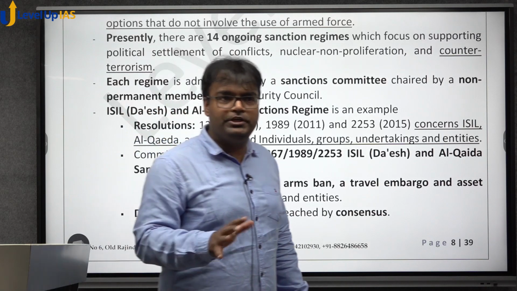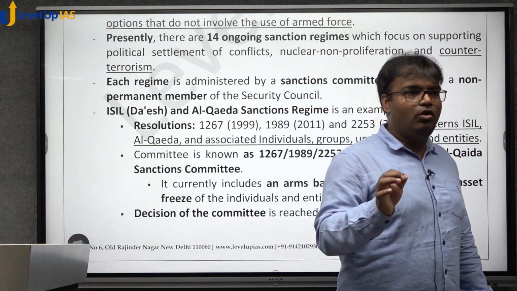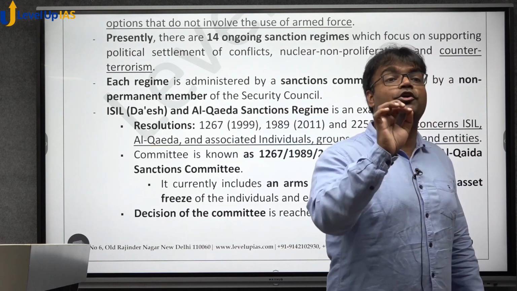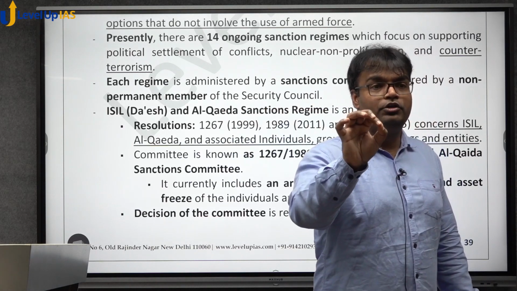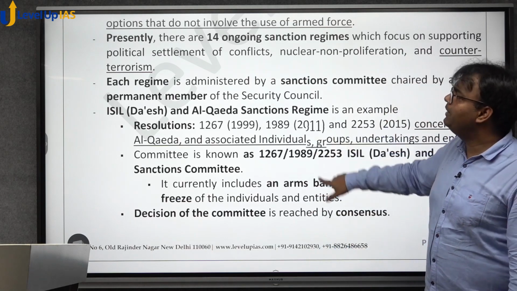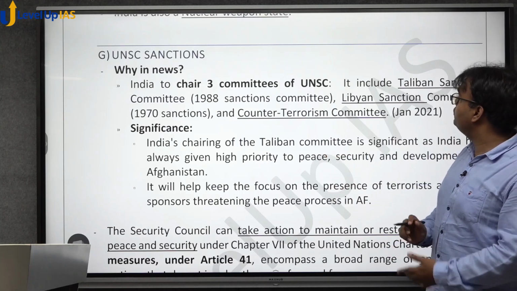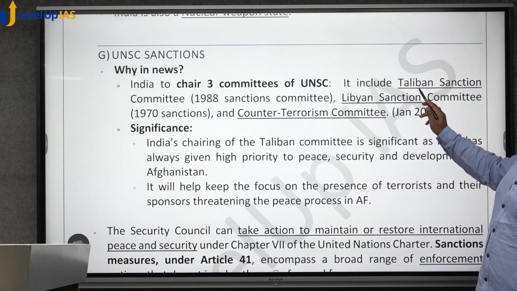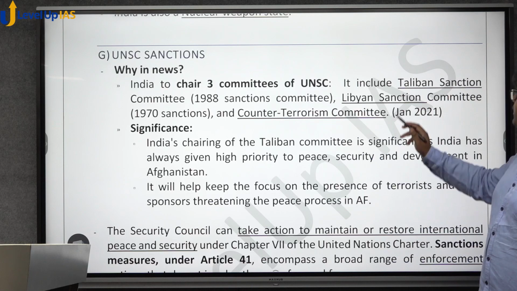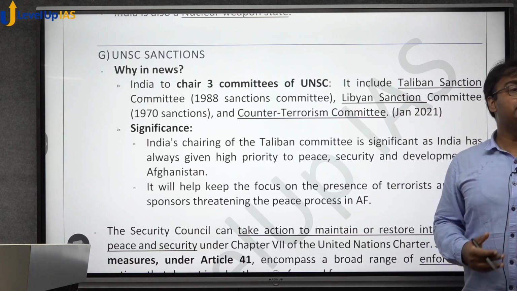The chairperson of each of these 14 committees for these sanction regimes will be a non-permanent member. So recently, when India became a non-permanent member of UNSC, what happened? India was made chairperson of the Taliban Sanction Committee and the Libyan Sanction Committee. Two of the sanction committees have India as chairperson.